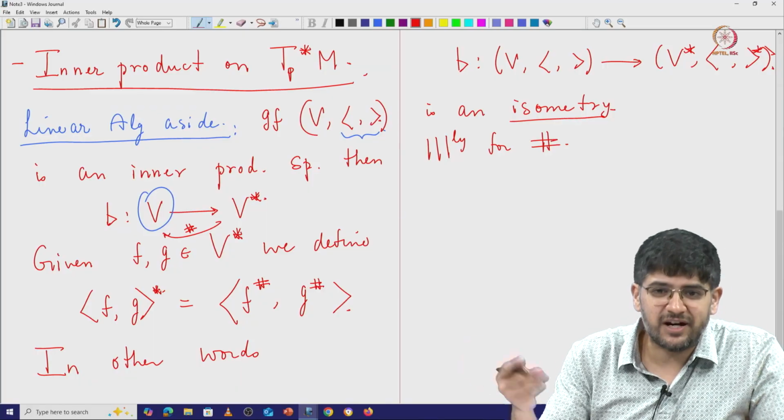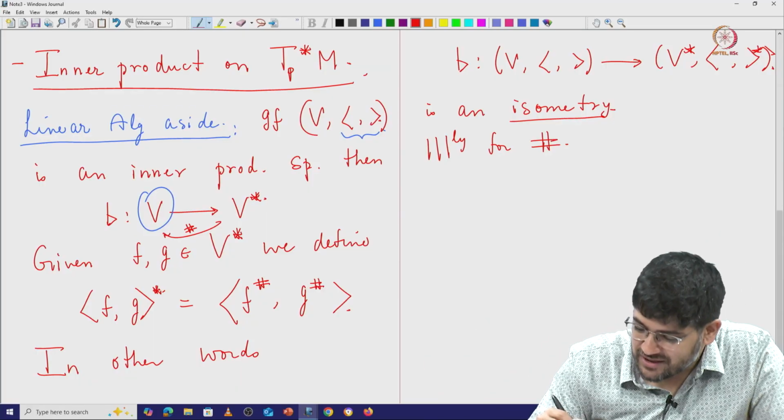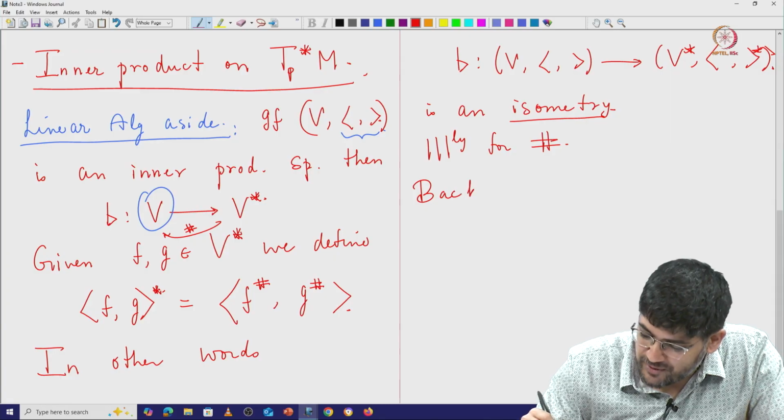Okay, so now we transport this entire thing back to a Riemannian manifold.